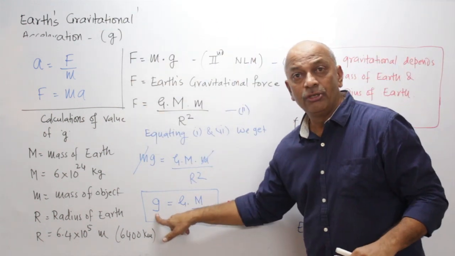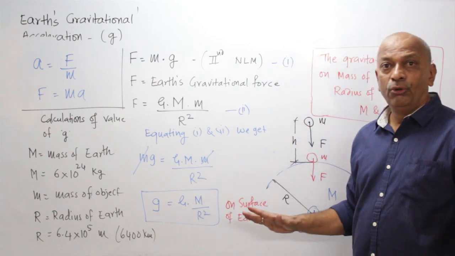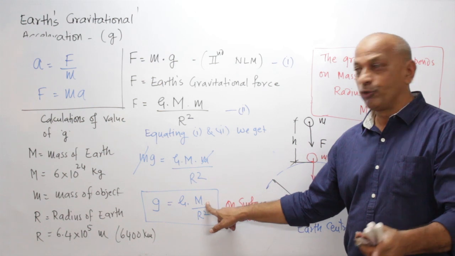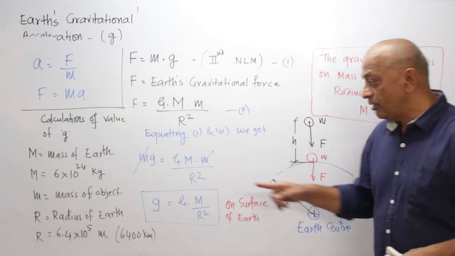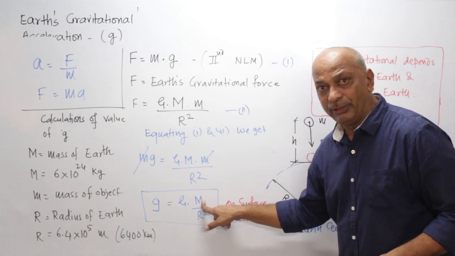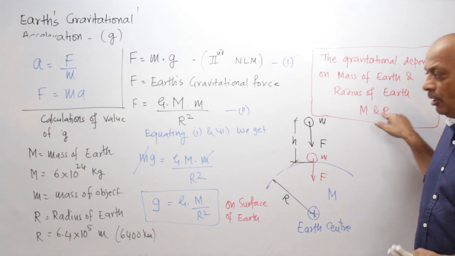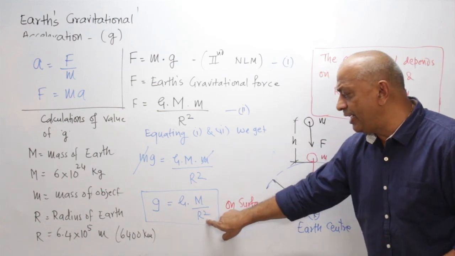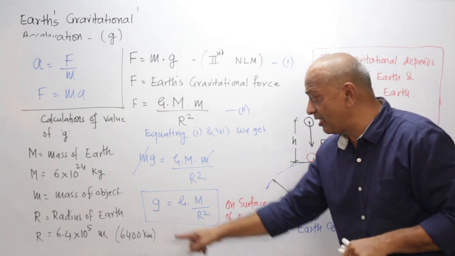Will g change? No, because in the equation there is no relationship with temperature. So g does not depend upon the temperature. g only depends on mass of the Earth and radius of the Earth. And you can see from here, the lesser the radius, the higher the g.